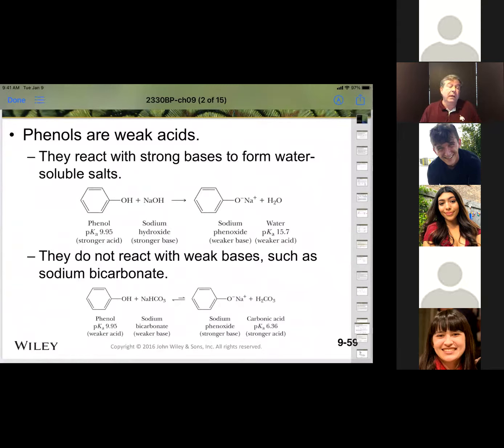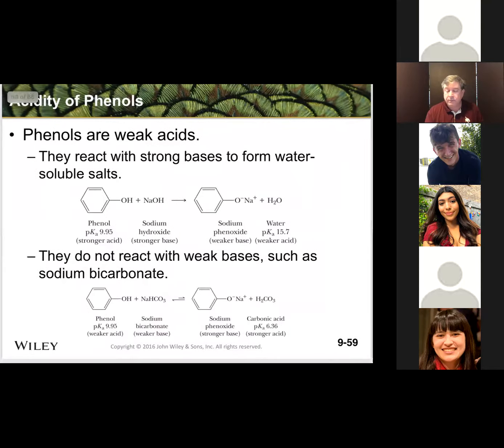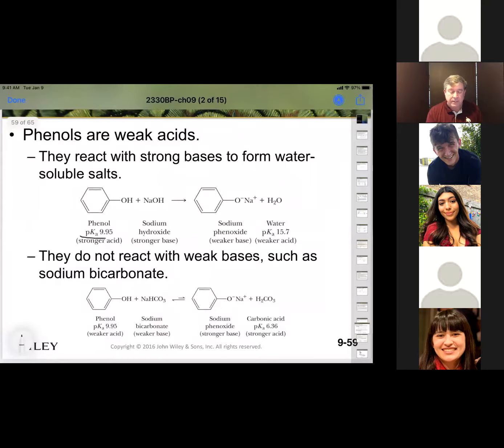We can't do that with regular alcohols very readily, because the alkoxide is a stronger base than the OH is. But because phenol is more acidic than a regular alcohol, we can deprotonate it with our base. The pKa of the acid on this side is 9, and the pKa of water, which is formed, is 15.7. 9 is more acidic than 15.7, so this is the weaker acid, so the reaction progresses forward.